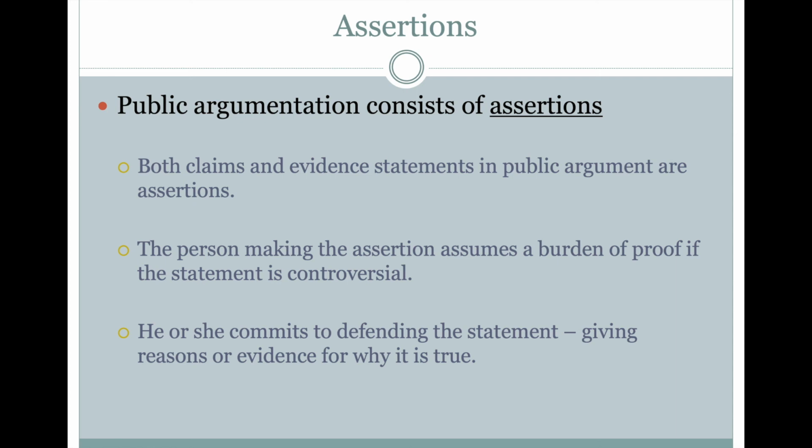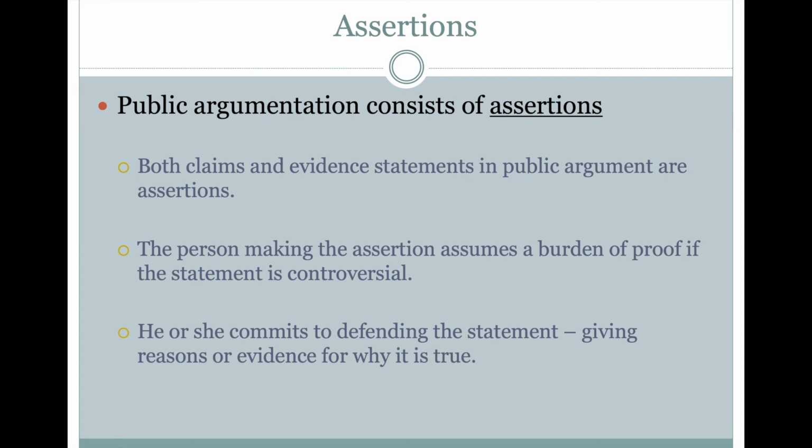So the expectation is that I will offer additional assertions in support of my claim, all right? So anytime you make an assertion, if it's controversial, you are assuming the obligation or the burden of proof, the obligation to provide additional assertions, that is, to provide evidence or proof in support of your controversial statement.